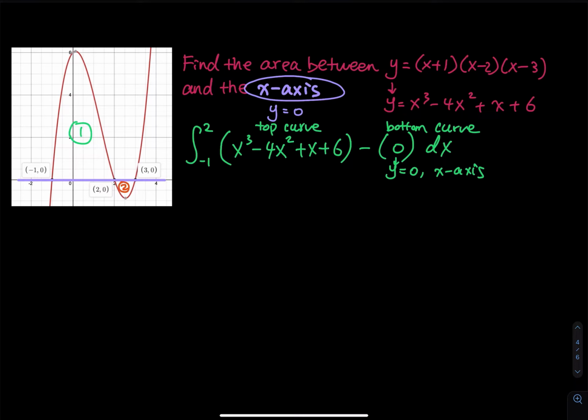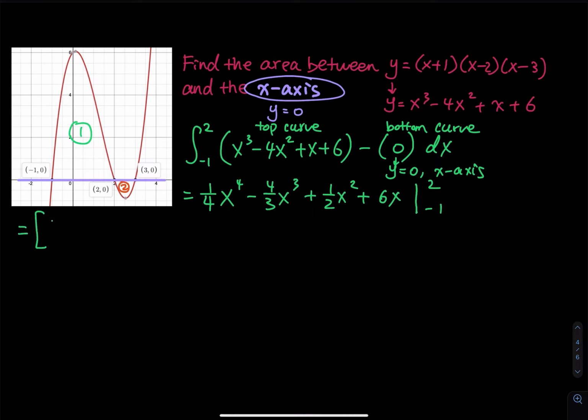Okay, this is not a tough integral to deal with, so we can start integrating right now. That is x to the fourth over 4, minus 4 over 3 x cubed, plus 1 over 2 x squared, plus 6x, right? And then x goes from -1 to 2, and you use the fundamental theorem of calculus: plug in the 2, plug in the -1, subtract them.